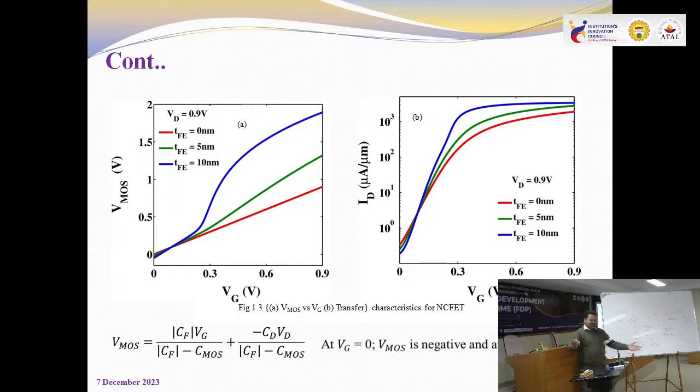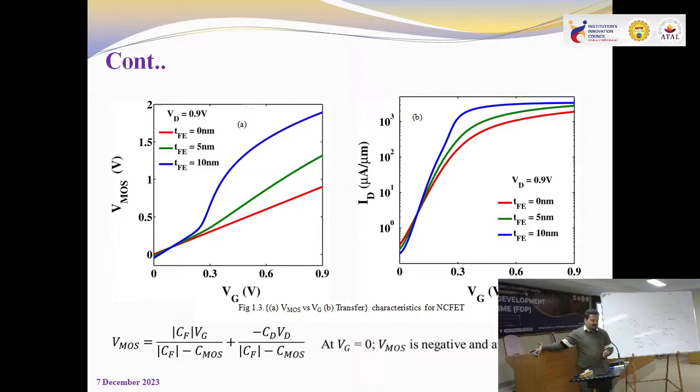In a switch, on current should be high and off current should be low. Consider the MOSFET, the red line: there is some on current and some off current. With the help of ferroelectric material, I have increased the on current and decreased the off current.